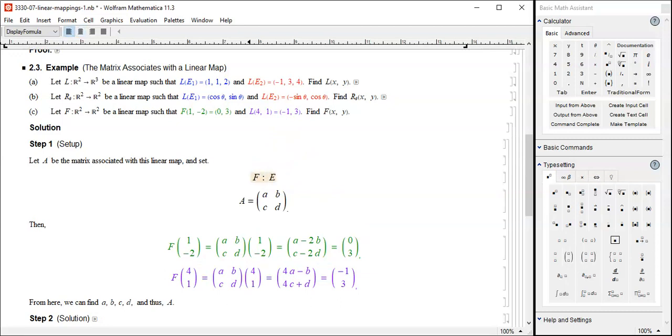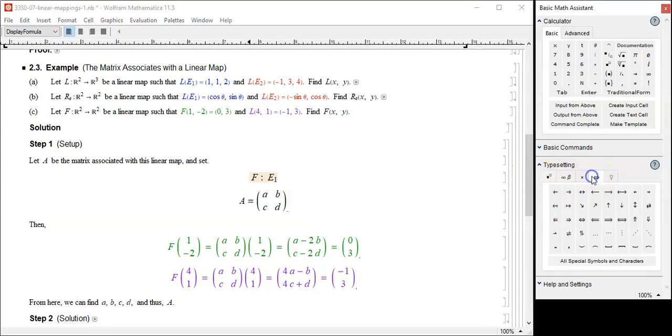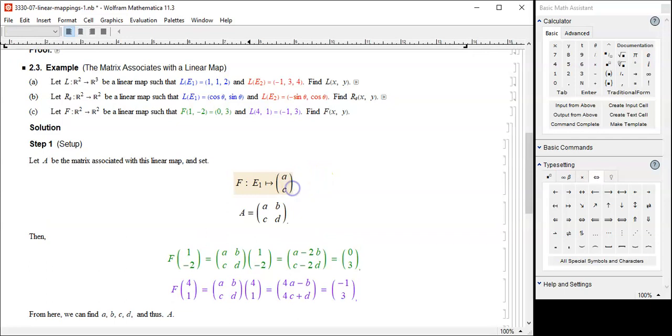F is sending E1 to (A, C), and F is sending E2 to (B, D).